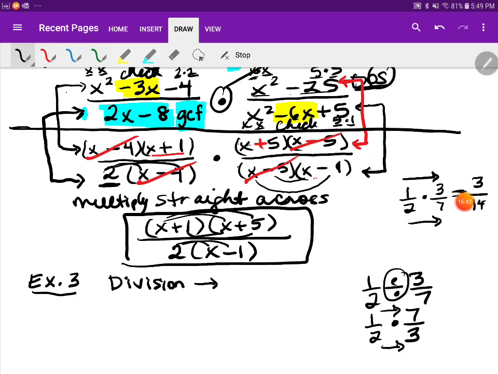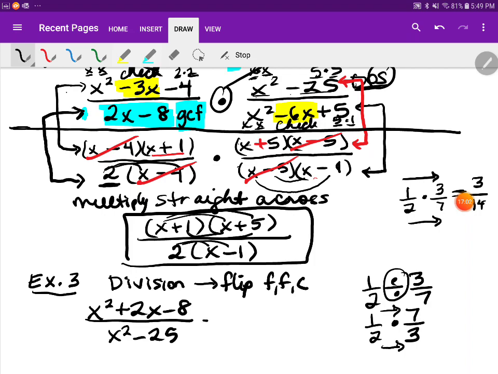So for division, we're going to have a new word in the front. We're going to call it flip FFC instead of just FFC. Let me give you a problem like this one. We have x squared plus 2x minus 8 over x squared minus 25 divided by 2x plus 8 over x squared minus 4x minus 5.